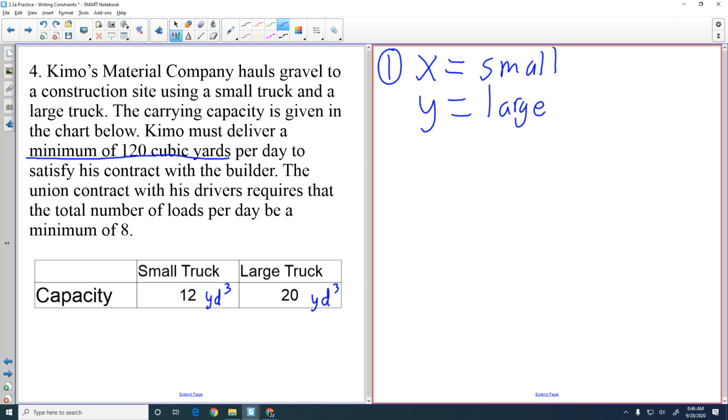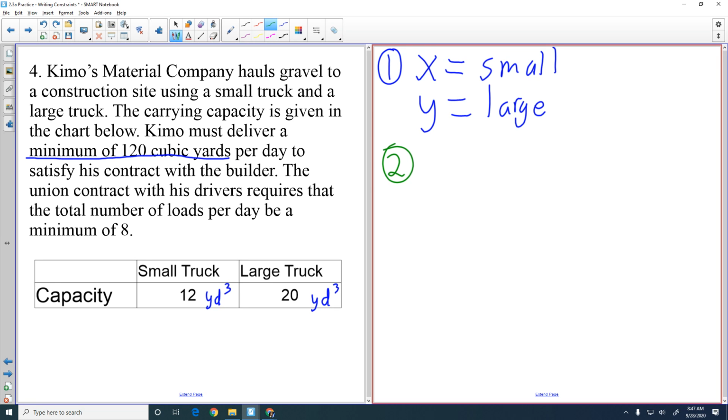And Chemo must deliver a minimum of 120 cubic yards. Now, it doesn't specify what types of trucks are going to be moving those 120 yards, but that's the minimum that he's got to deliver. And so we want to represent the amount of cubic yards from each of his 2 types of trucks.